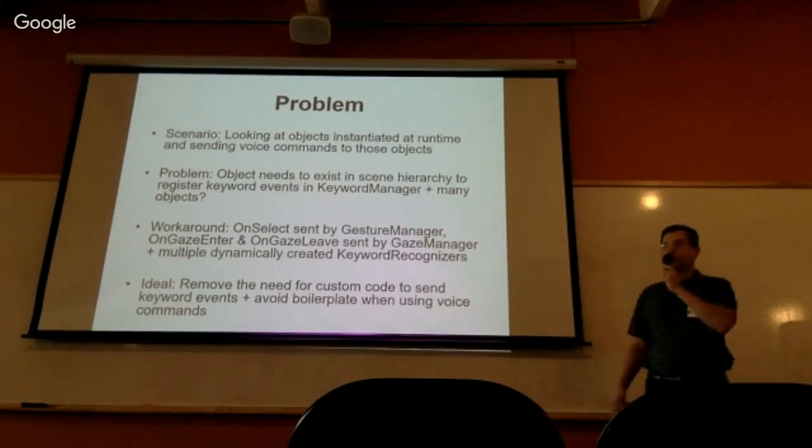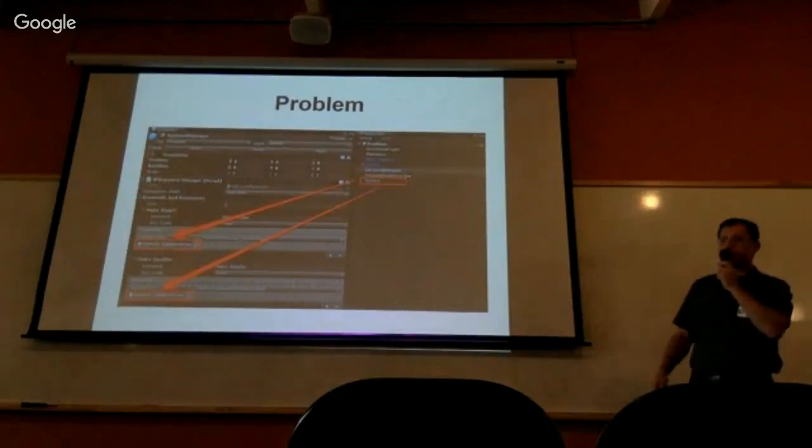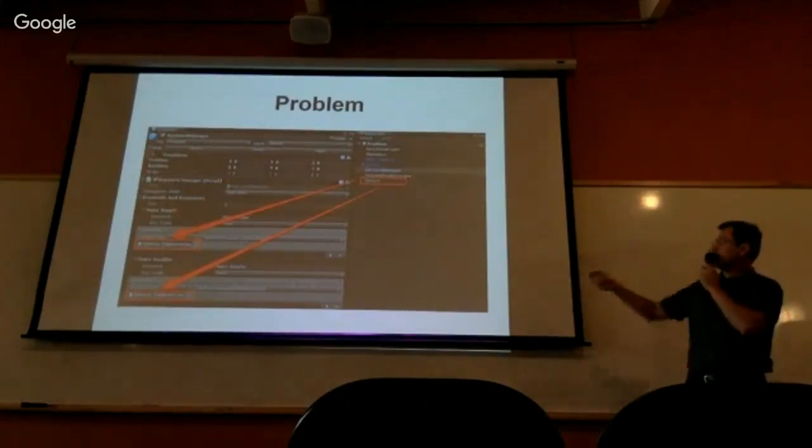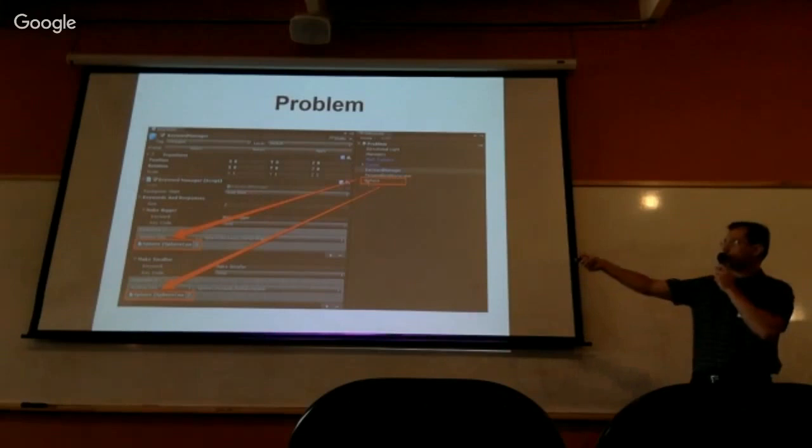Just to illustrate the problem, I did a screenshot of this. For you to be able to write no code and just wire up an event handler in Keyword Manager right here, the sphere object would need to exist in the editor, and then you can wire it up in the Keyword Manager.